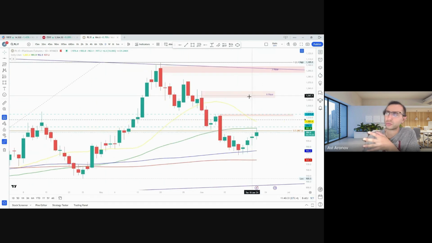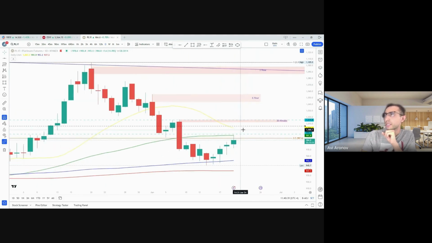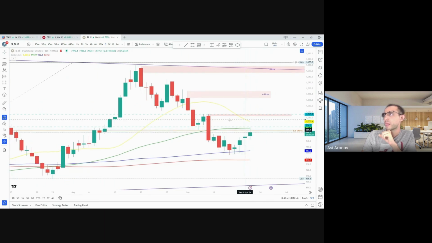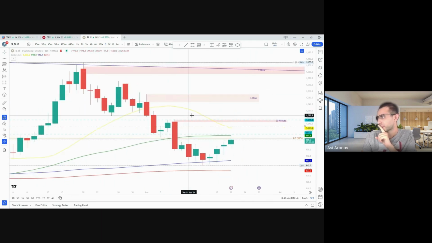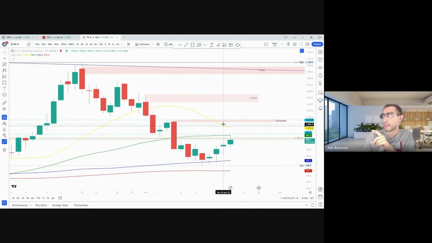So I like to believe that it's for a reason, and they correlate somehow. So what happened here is that we want to see also with the moving averages. This is the 50 moving average. We can see that it's respecting it for now. We have the 20 moving average.